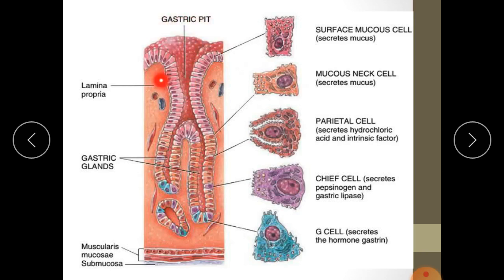And this part is the lamina propria, just below the surface epithelium. This gap is filled with connective tissue, blood vessels, lymphatic vessels, nerves, and nerve plexuses.